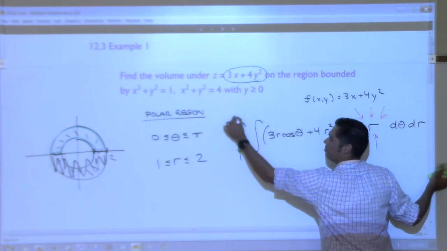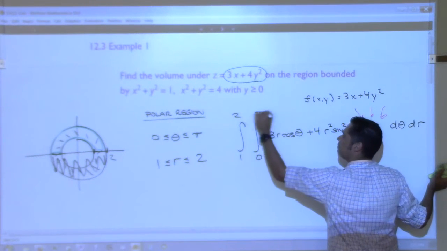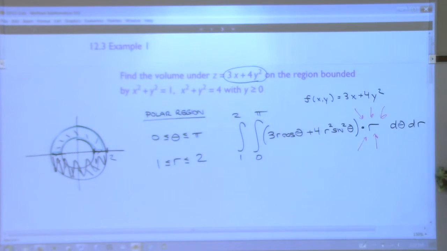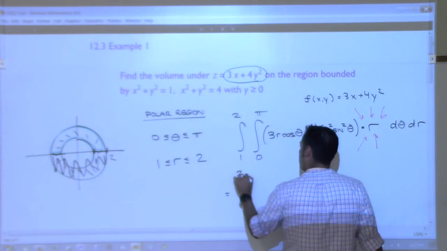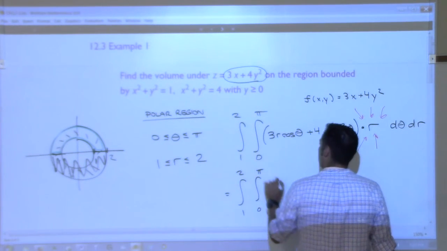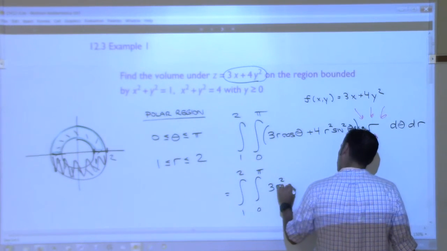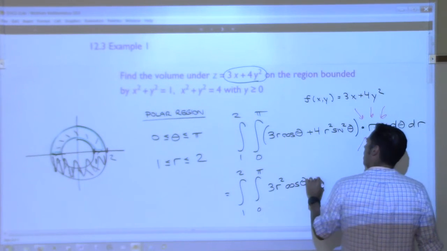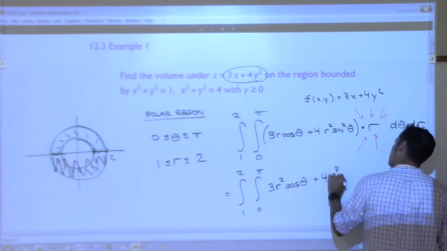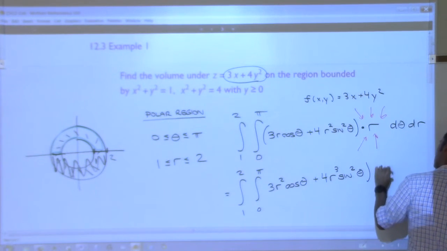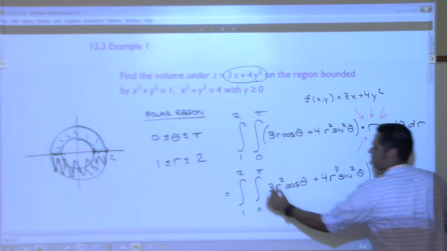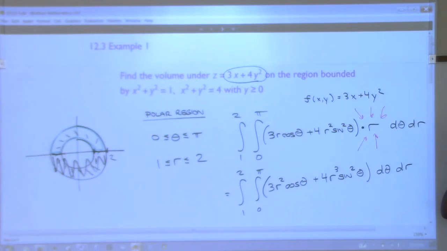So 1 to 2 here, and then 0 to pi here. So now this becomes the integral from 1 to 2, the integral from 0 to pi, of 3r squared cosine theta plus 4r cubed sine squared theta, d theta dr. And that's it right there.